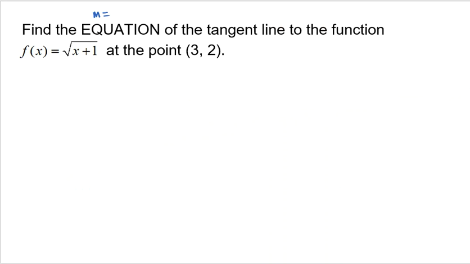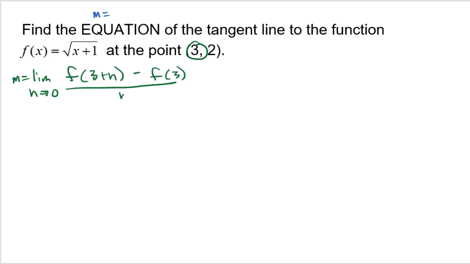All right, so once again, I'm going to start off with my formula for the slope: the limit as h approaches 0. I'm going to substitute in my x value of 3 for a. So that's f(3 plus h) minus f(3), all divided by h. Step 2 is using the function to evaluate the numerator.